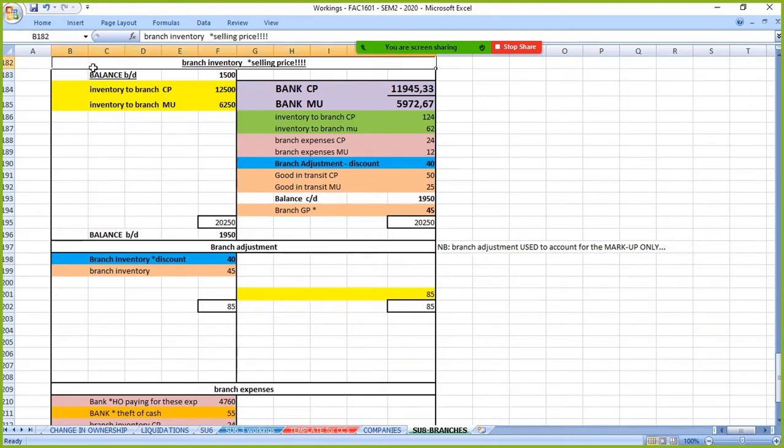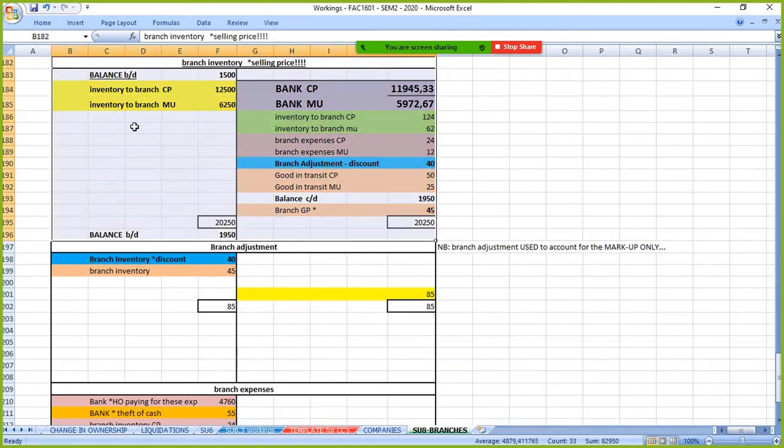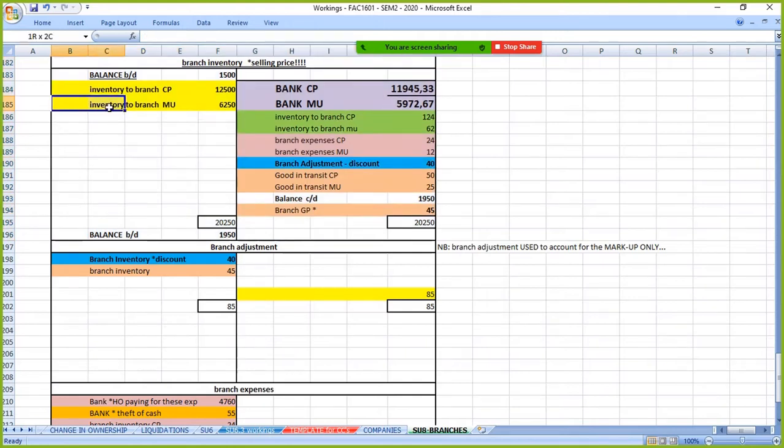This is what we had. Anything that relates to the markup needs to go to the adjustment account. Notice here I have something for markup. Do you see that? This is going to go to branch adjustments, so this needs to be moved to the branch adjustment account.